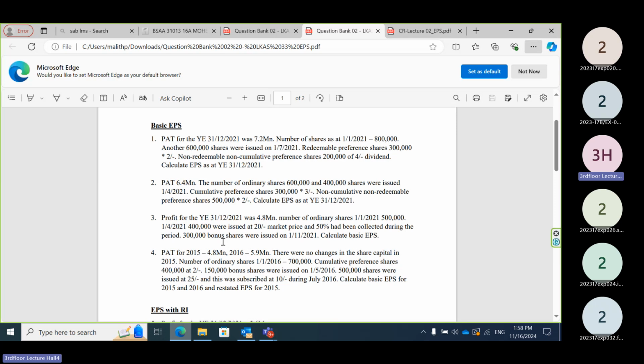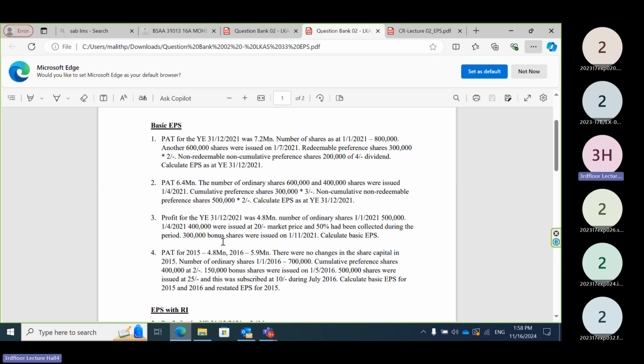So then that's what we discussed. If you have a bonus issue, we don't need to give that the weightage, right? We need to consider whatever the bonus issue happened at the opening date.